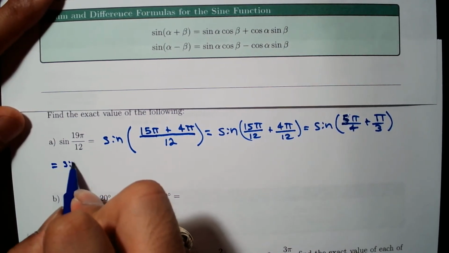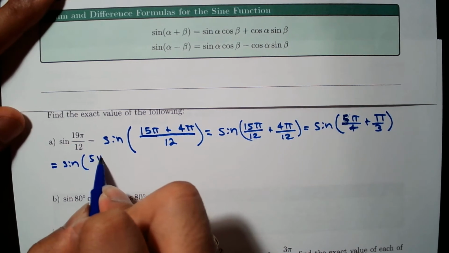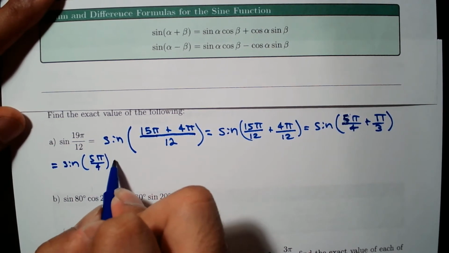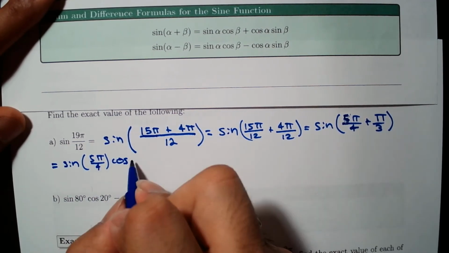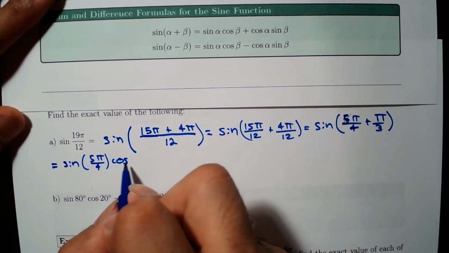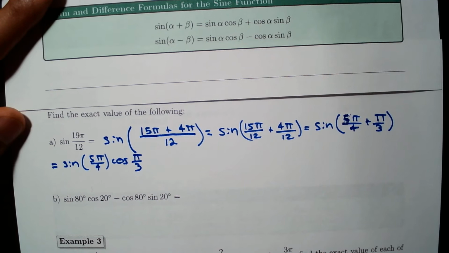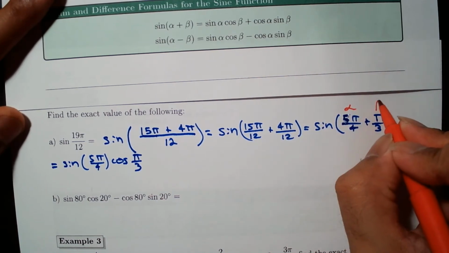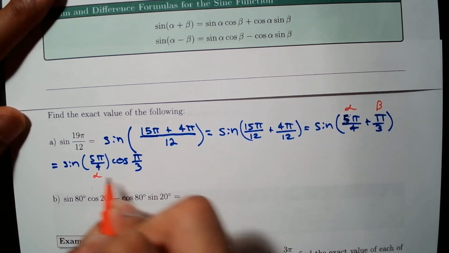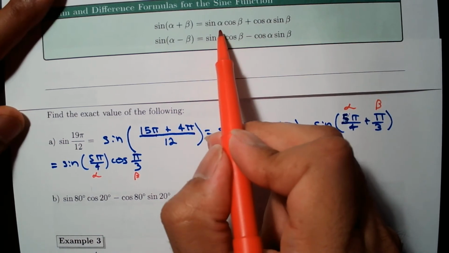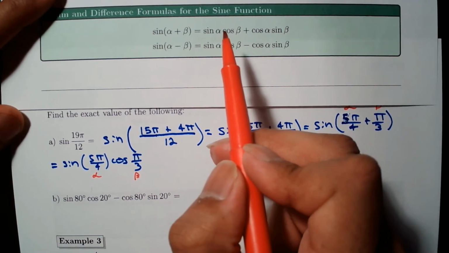sine of 5 pi over 4 cosine pi over 3. All right, in this case, keep in mind this is alpha, this is beta. Alpha and beta.